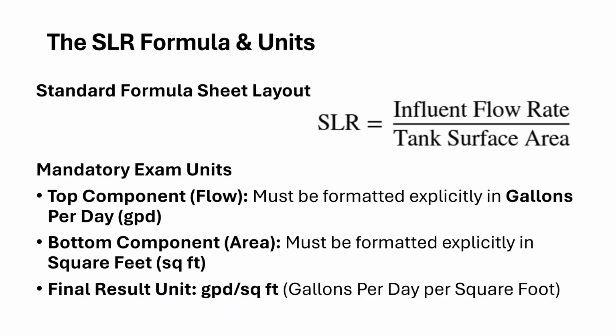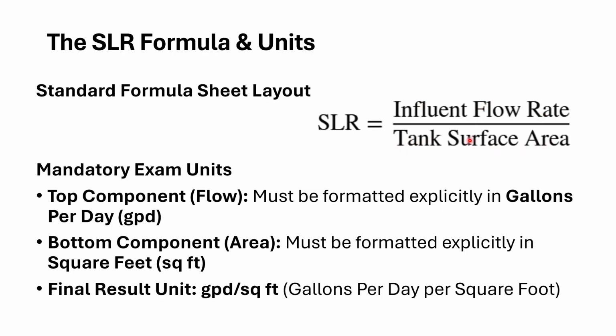So the standard formula for the surface loading rate is the influent flow rate, what's coming in, divided by the tank surface area. And the influent flow rate, the numerator of this ratio, has got to be explicitly in gallons per day. So again, if you get millions of gallons per day, you multiply it by a million to get your gallons per day.